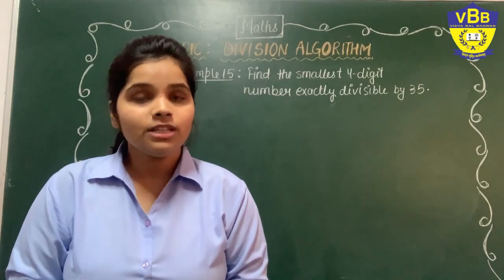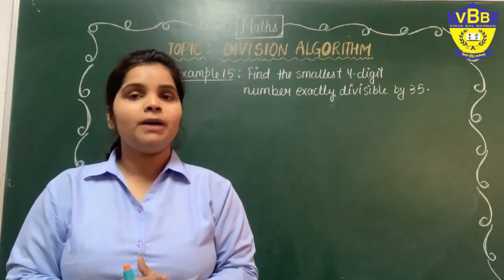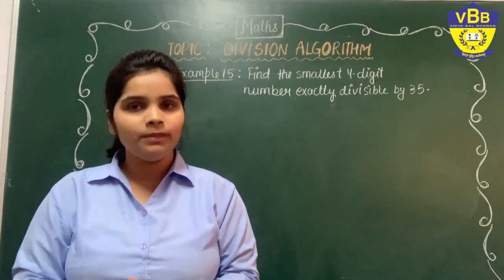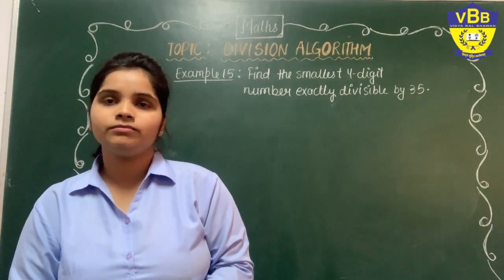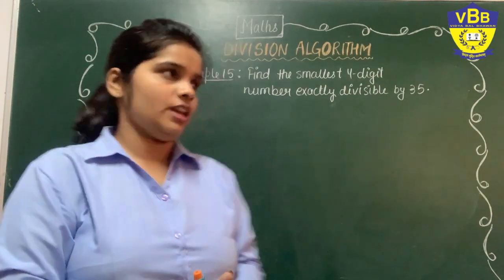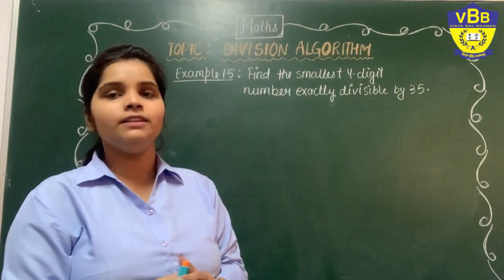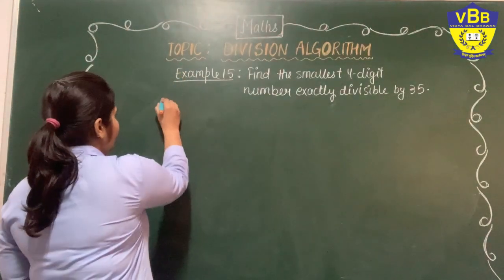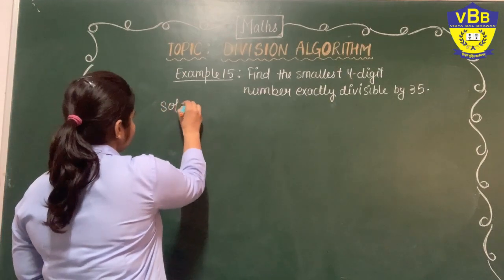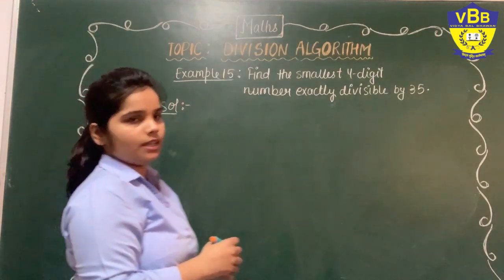But 1000, will it be completely divisible by 35? No. Let's check. Will 1000 be exactly divisible by 35?